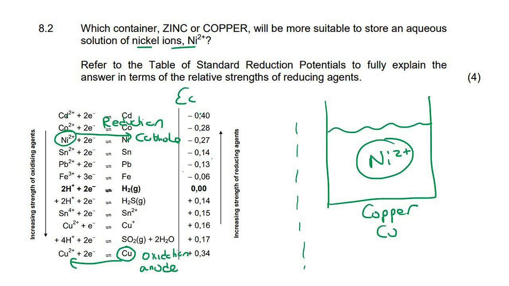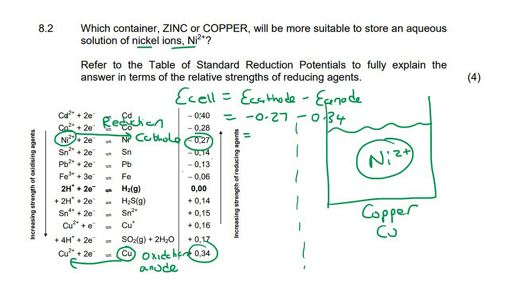So when there is reduction, this is your cathode, and when there's oxidation, that is at your anode. If you work out the cell value now, you get cathode minus anode, so that's negative 0.27 minus 0.34, and that gives us negative 0.61 volts. Look at that, it's a negative value.